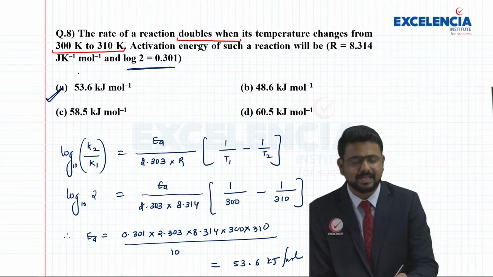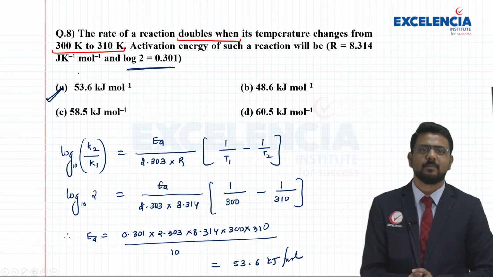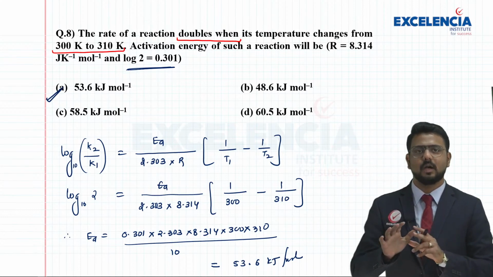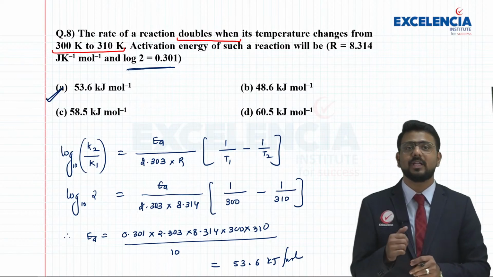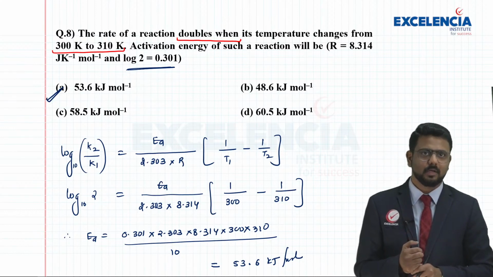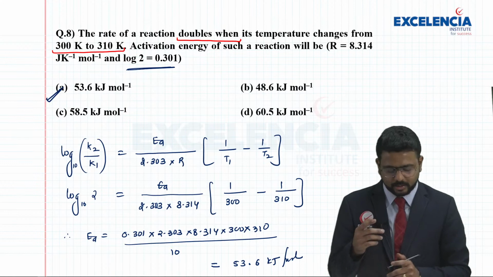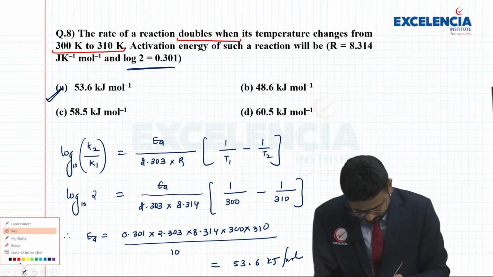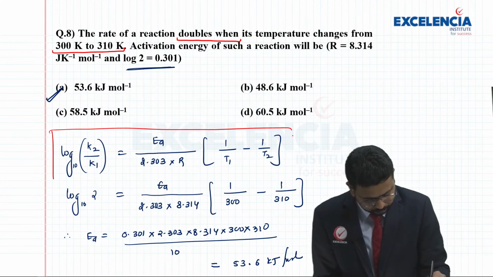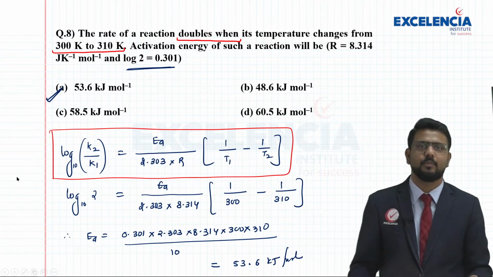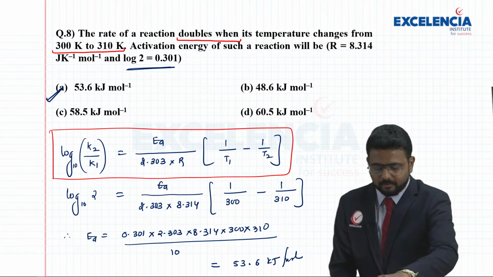Option A is your correct answer here. 53.6 kilojoules per mole. This is again a typical question which is based on the Arrhenius equation. So please make sure that you know this particular formula. Okay, moving on with the next question.